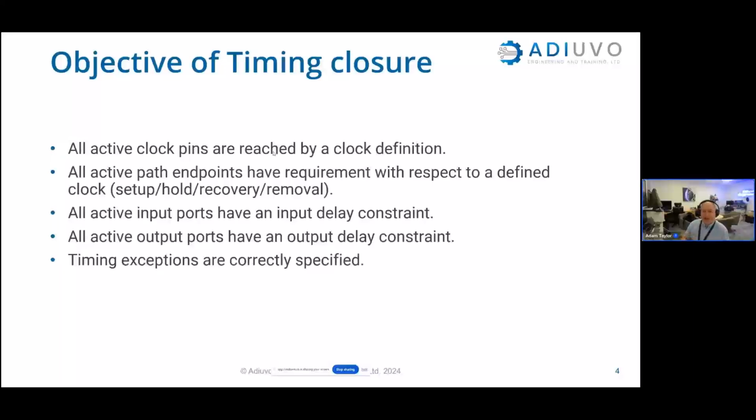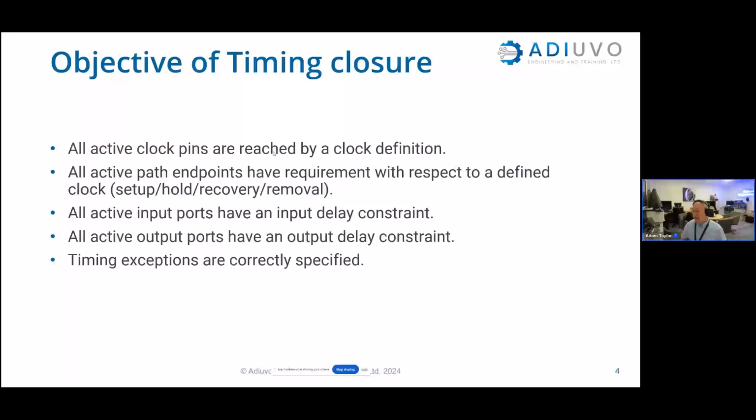We expect from a timing closure that all our active clock pins are reached by a clock definition, that all active endpoints have a requirement placed upon them with respect to a defined setup and hold or clock. Ideally, we also want to make sure all input ports have input delay constraints so we can safely capture the data and work with it.